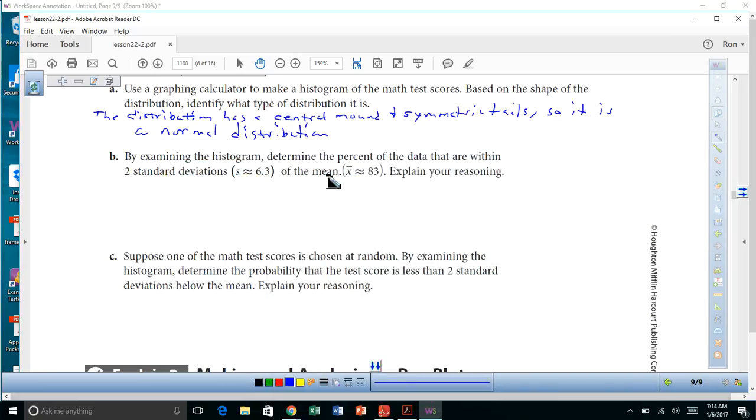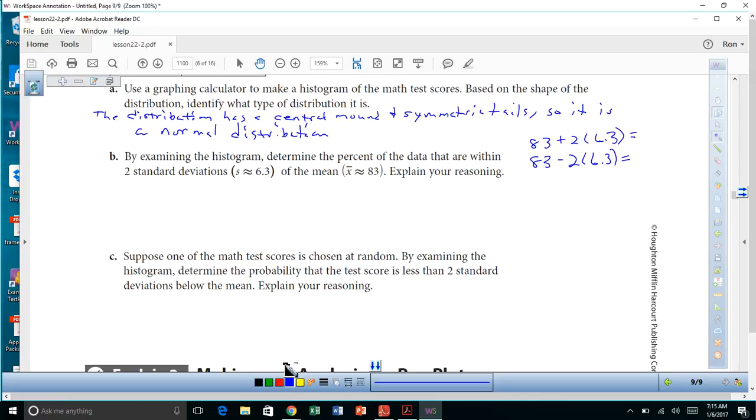By examining the histogram, determine the percent of data that are within 2 standard deviations. So we're going to have 83 plus 2 times 6.3, and then 83 minus 2 times 6.3.